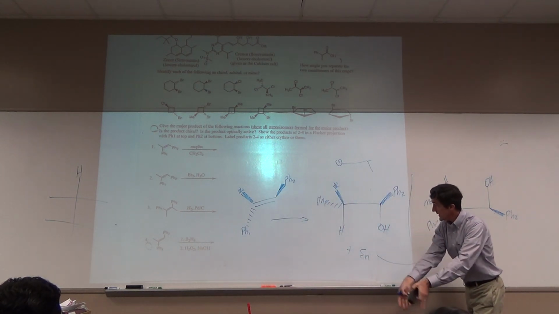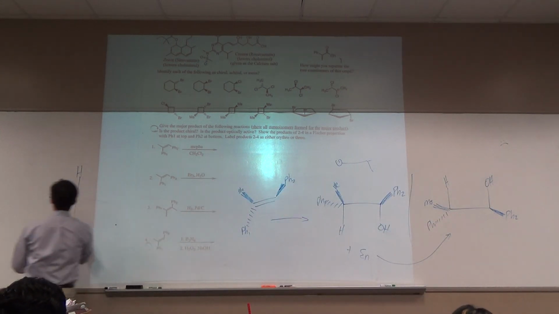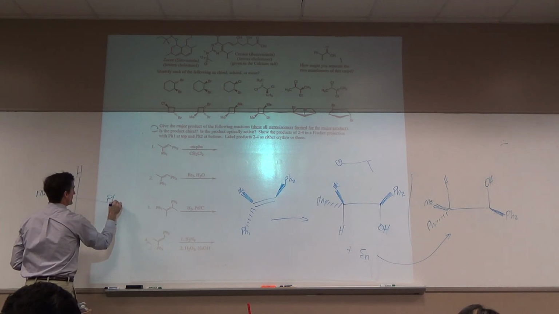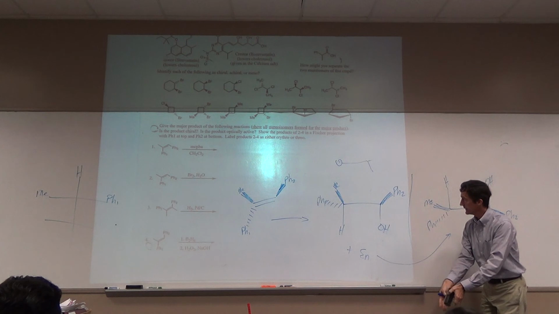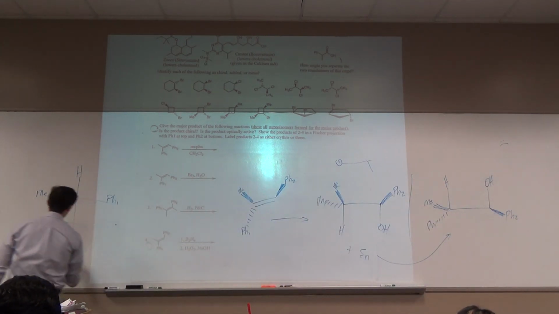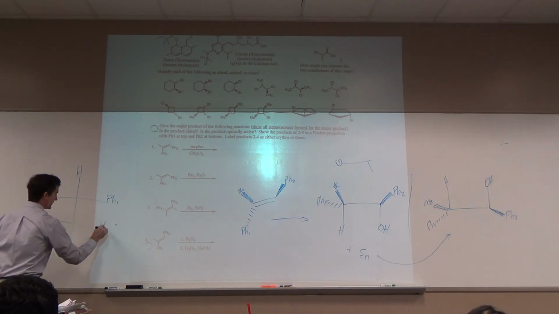With H going away, methyl's on the left, and phenyl 1 is on the right. With OH going away, phenyl 2 is on the left. Undrawn H is on the right.